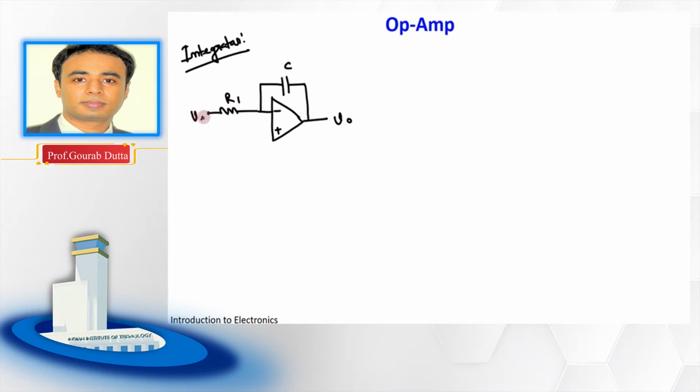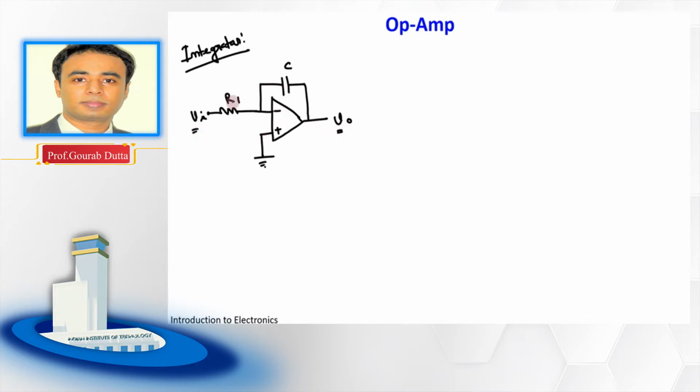This is the same input as earlier, and this is grounded. Okay, so let us now see what is the relation between the output, or how can we express this V output in terms of this V input.